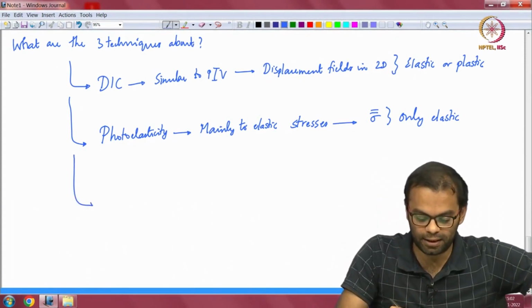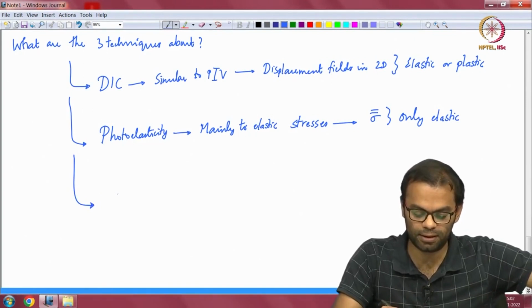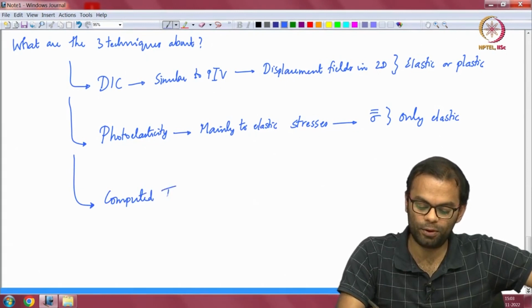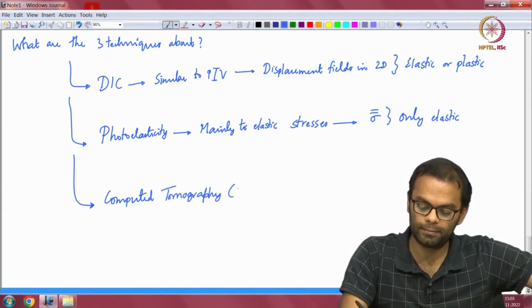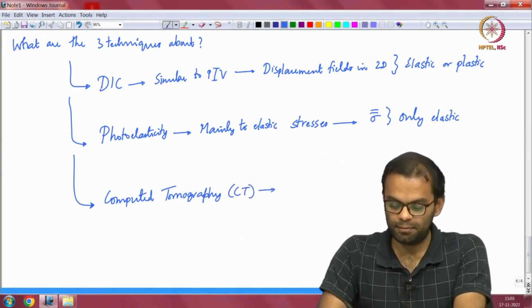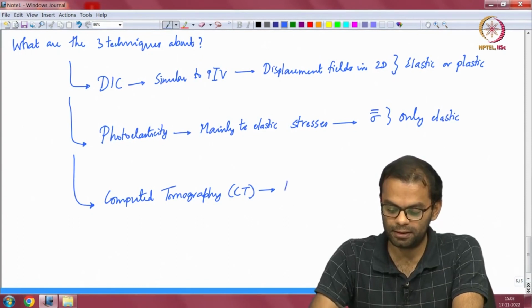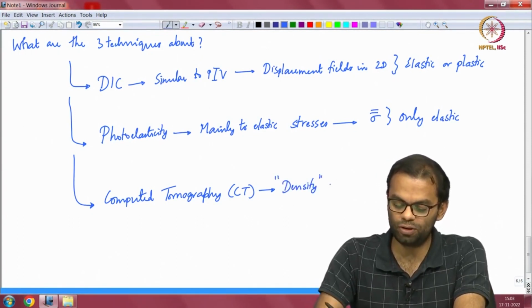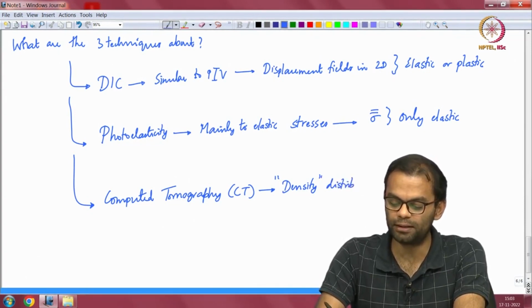The third technique that I spoke to you about is computed tomography. It is a little bit different from the other two in that it is used to determine what I would call a density distribution.